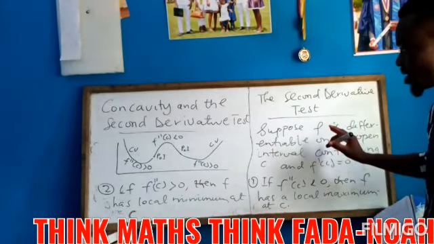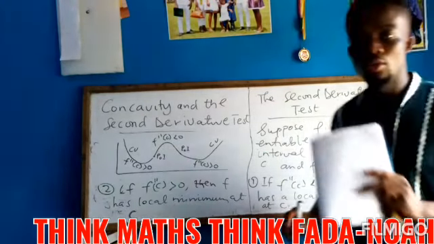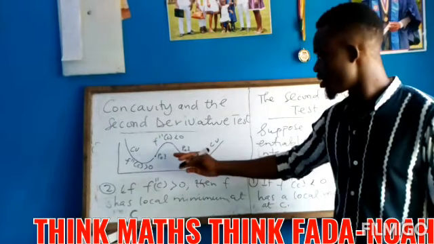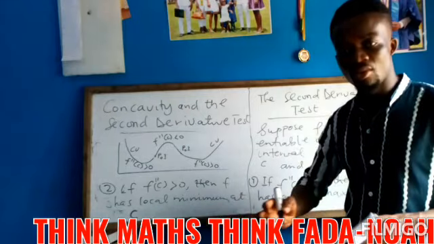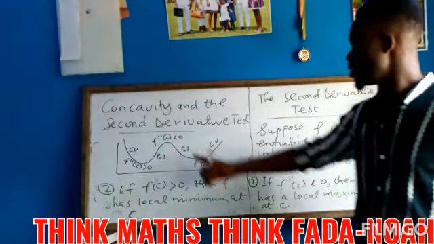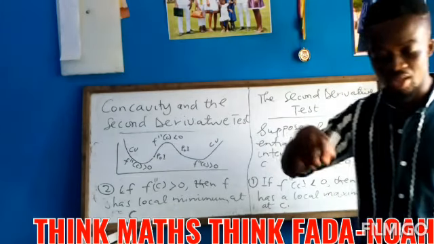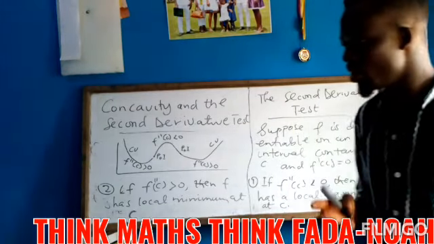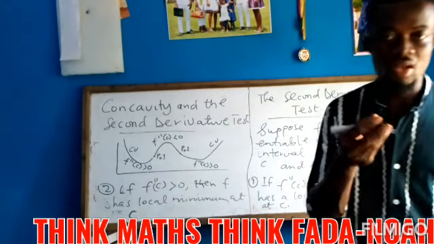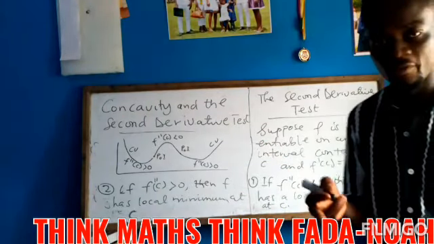So in using the second derivative test to find local extrema, you just evaluate it. You are not going to find the functional values and compare. You just evaluate the second derivative at that critical value and observe the sign, irrespective of the magnitude of the value.